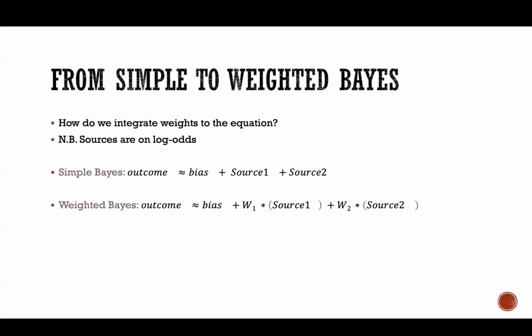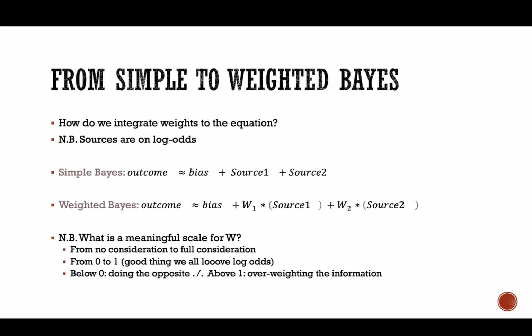Again, for the purpose of the progression, we are assuming that those weights don't change over time. And we can think about what is a meaningful scale for the weight. For instance, we could say 0 to 1, where 0 means we don't consider the information, it just gets annulled, and 1 means we take the information at face value.